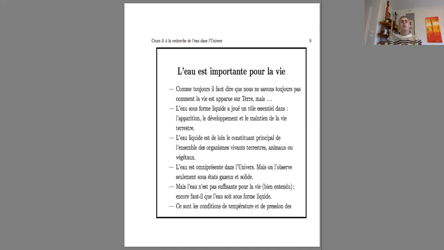Okay, so why do we say water is important for life? Well, as always, we are limited to water as we know it here on Earth, but at least for water here on Earth, water has been important for the appearance of life, the development of life, and the maintenance of life.